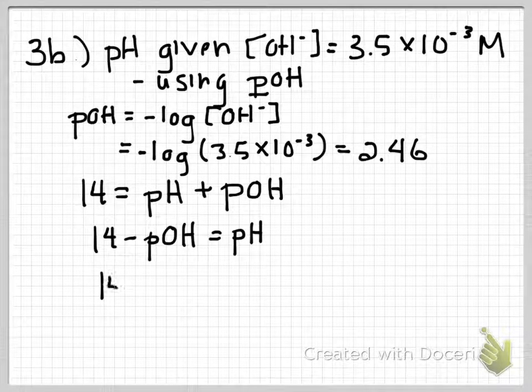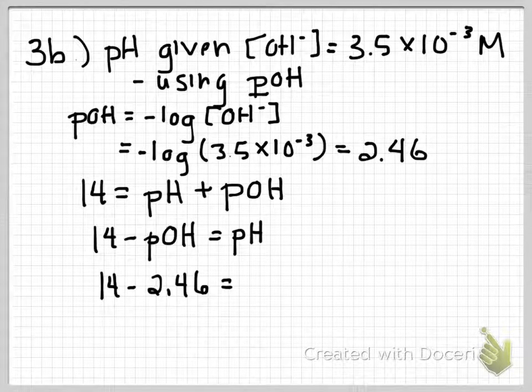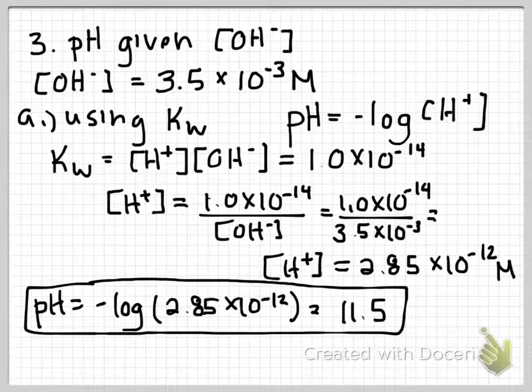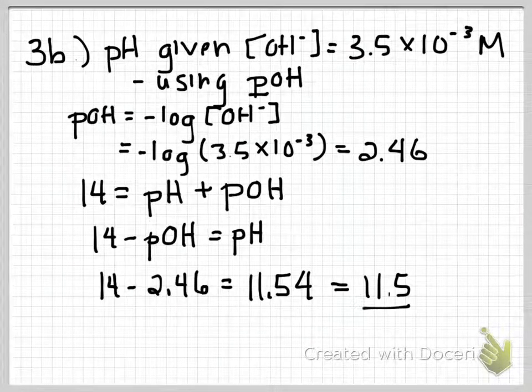And so 14 minus 2.46 equals 11.54, which should give me 11.5, which is the same answer we got using the other method, just to confirm. So those are the two ways you can calculate pH given OH concentration.